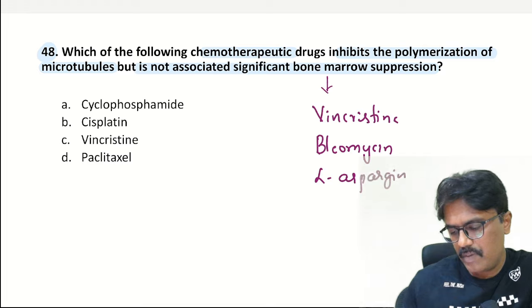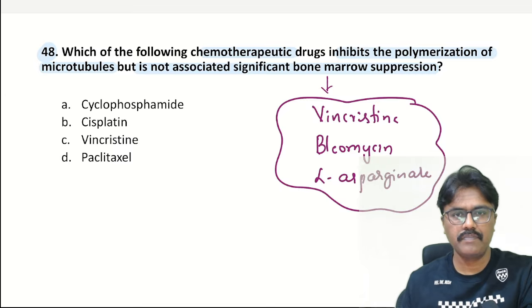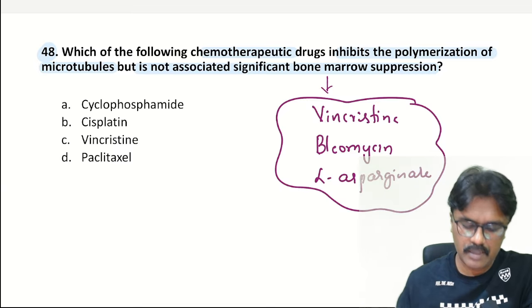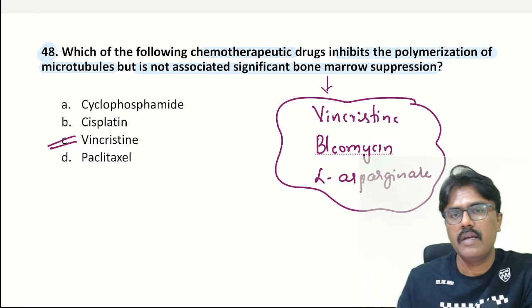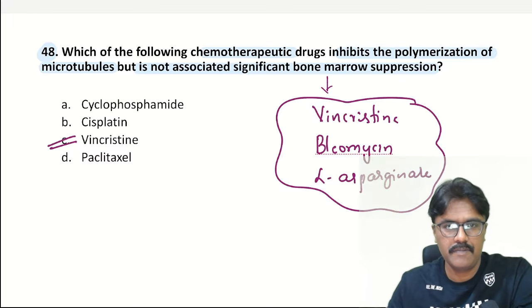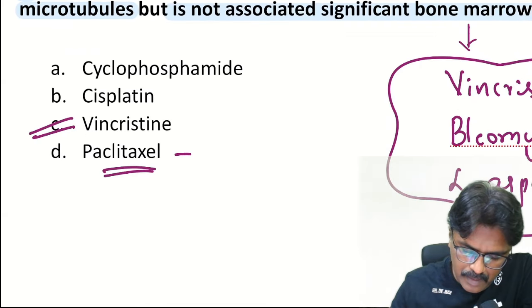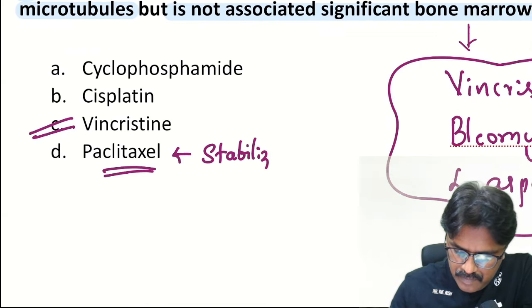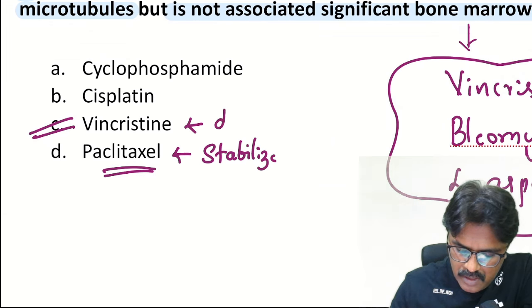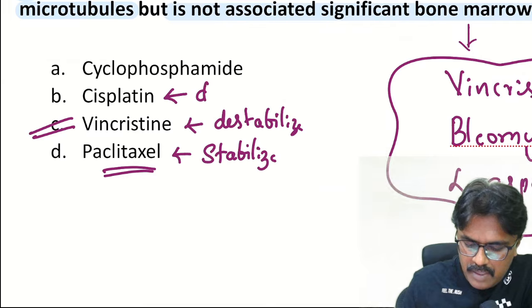They are bone marrow sparing. That means they cause less bone marrow suppression. So they are asking that option. So the answer is vincristine. Not only that, it also affects the microtubules. Paclitaxel also affects the microtubules. Remember, paclitaxel stabilizes the microtubules. Vincristine destabilizes the microtubules. Cisplatin damages DNA.